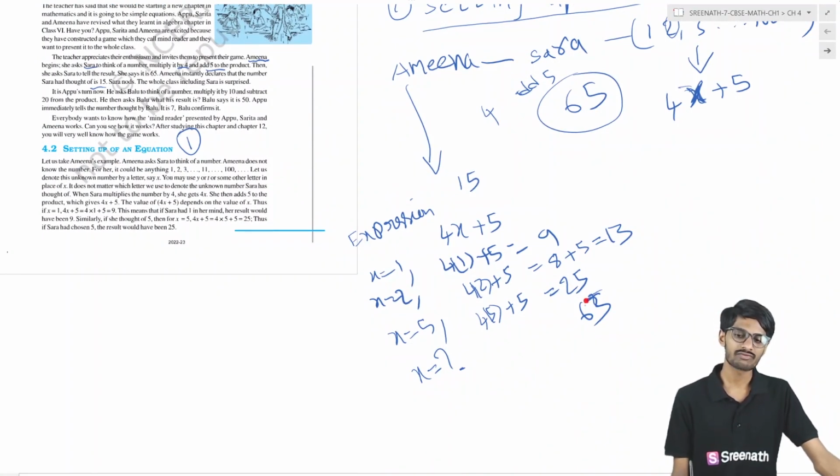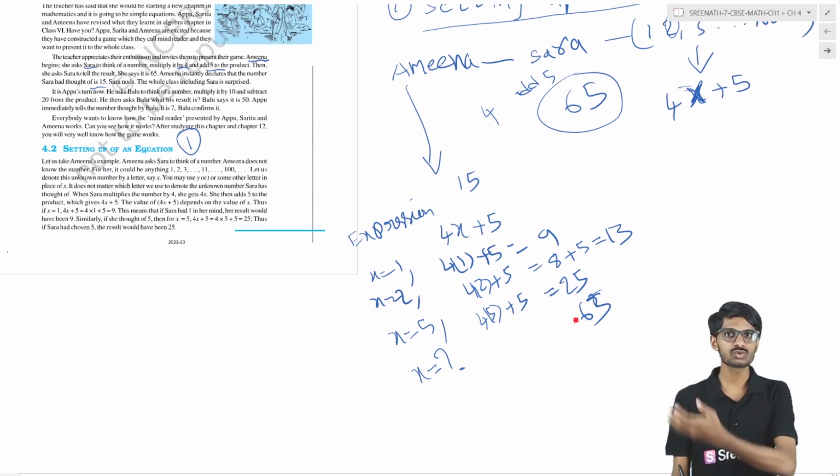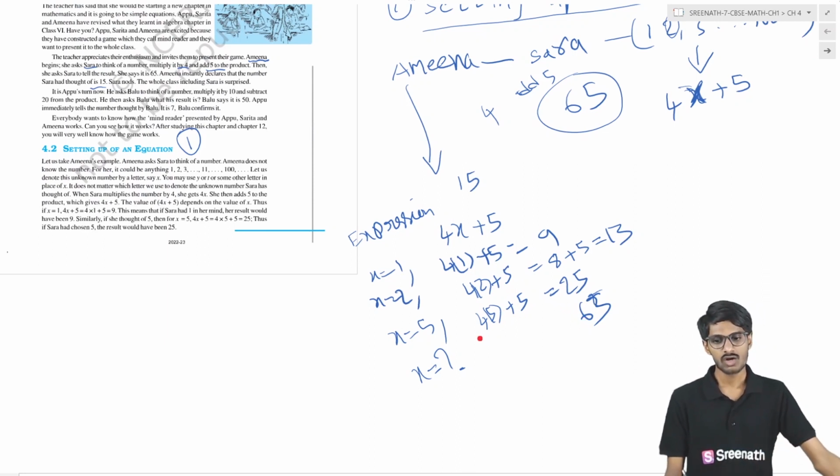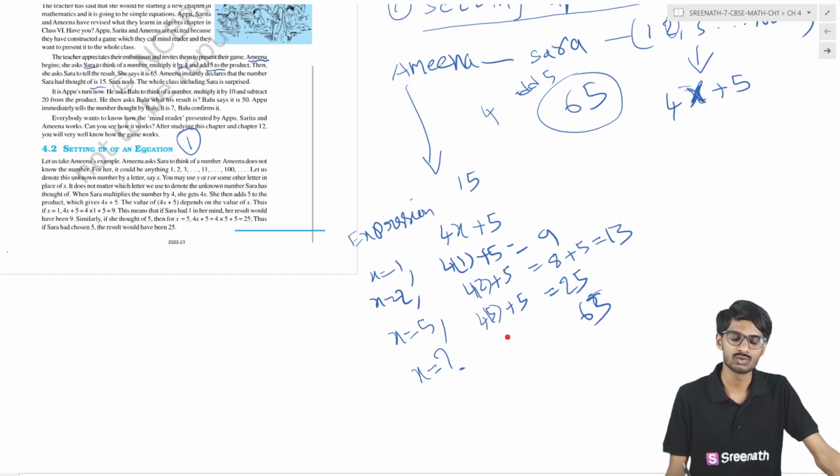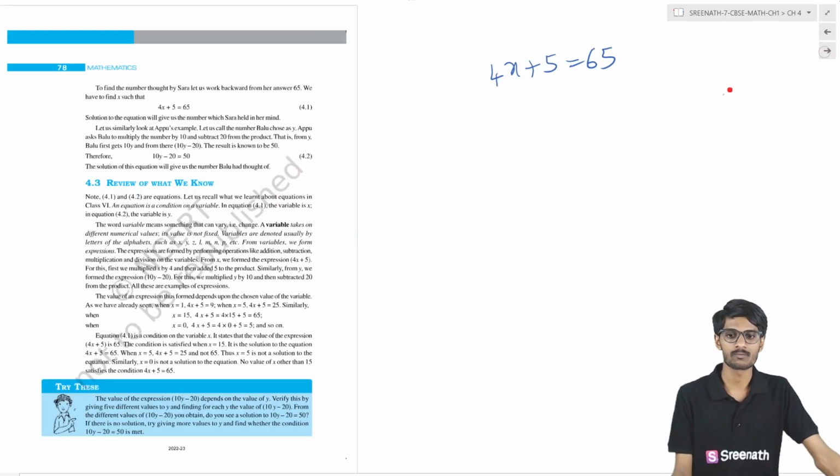So now we are fixing that number. This expression must be equal to 65. 4 into 5 plus 5 is equal to 25. So if we want the answer 25, then the x value must be 5. So now we are fixing the value 65. In order to get 65, what is the x value? That is what we have to find out now.